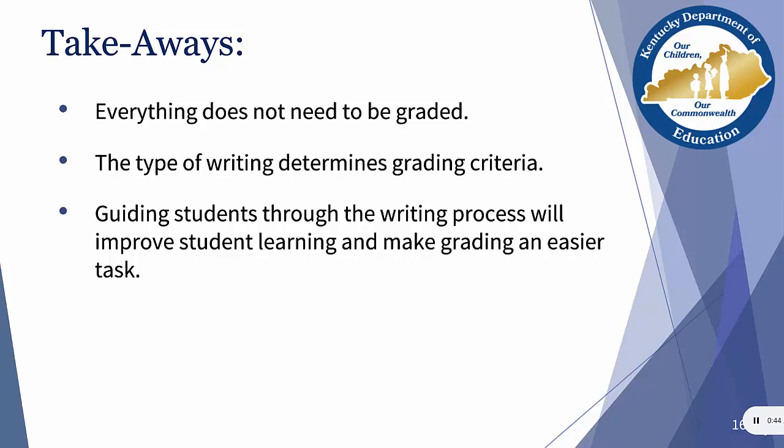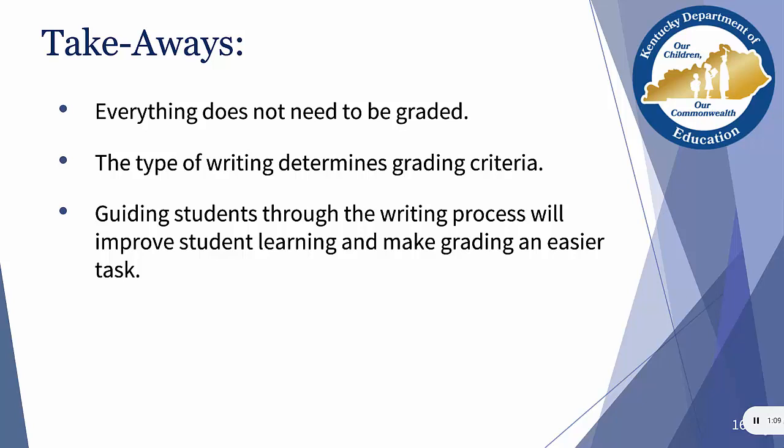If it's writing to demonstrate learning, I'm only grading the content because I want to know, can they explain this topic or this problem for me? And then when I do decide to take a piece through the writing for publication phase, then that's going to be a whole different type of grading.